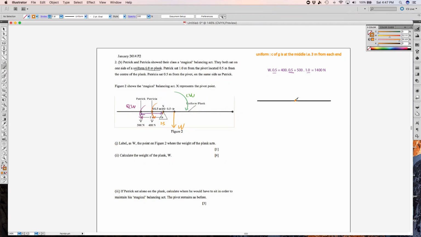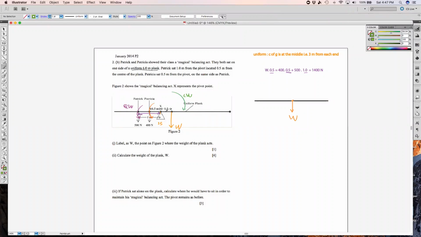So that's where the weight of the plank is acting. We also know that the pivot is situated 0.5 meter, just like this, 0.5 meter, the pivot is here.